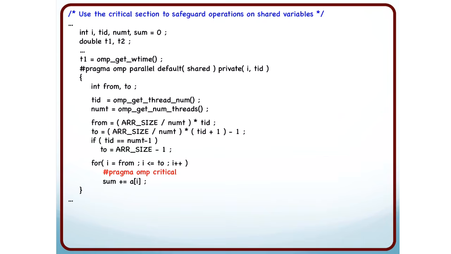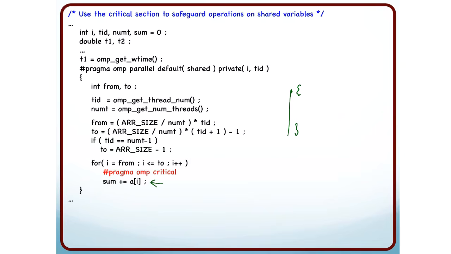How do I fix the other problem? There is a construct called #pragma omp critical. The region immediately after #pragma omp critical, if I have multiple statements, I can put it in curly braces like I've done before. If it's a single statement, I can just write it without any curly braces.